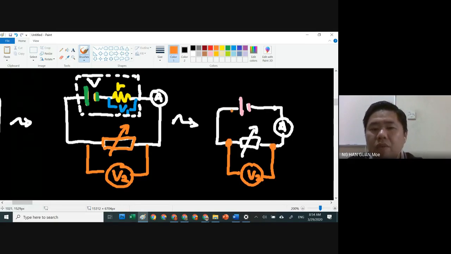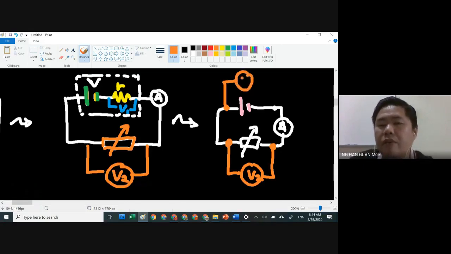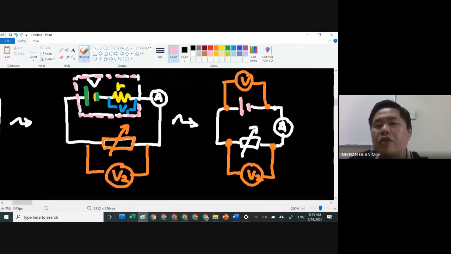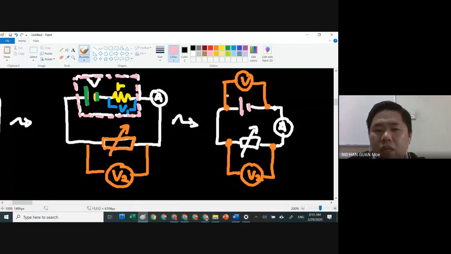This point is the same as where we connected the voltmeter across here. It's the same connection. And then here I just try to show you, on the left hand side, what happens inside the battery itself.